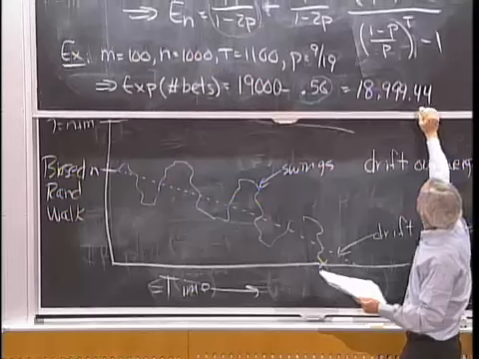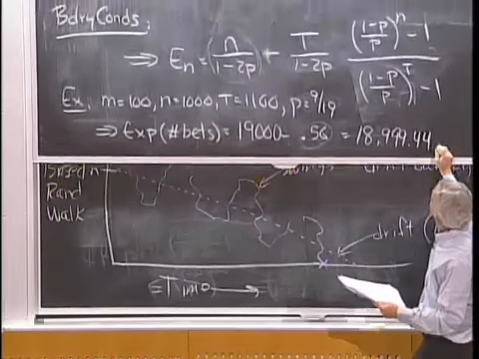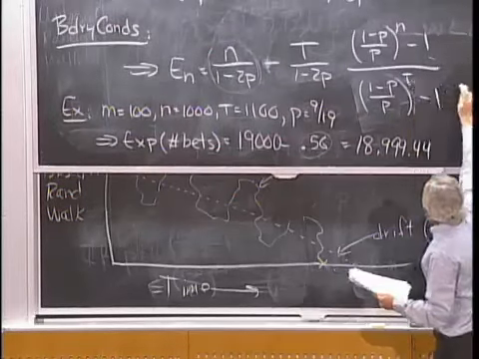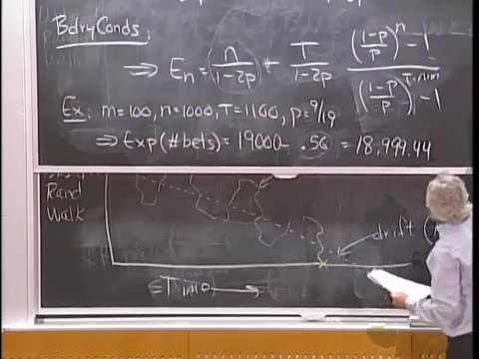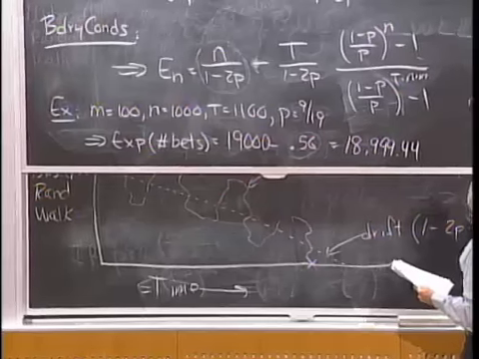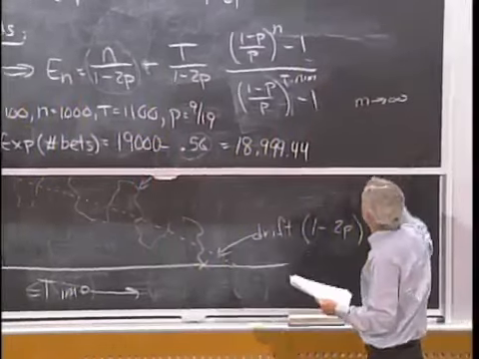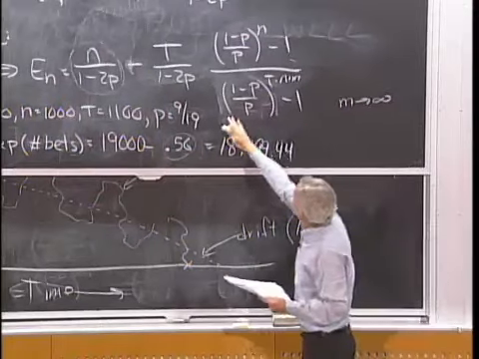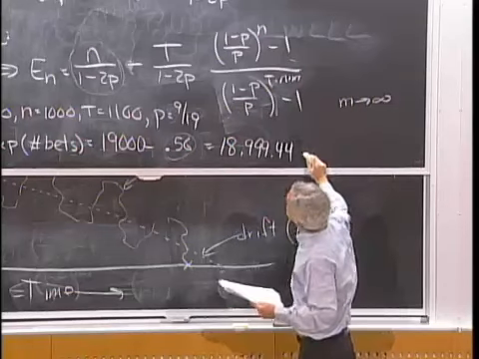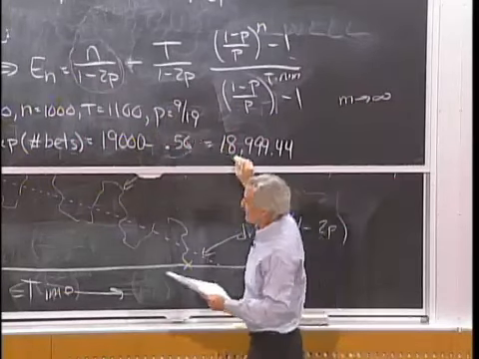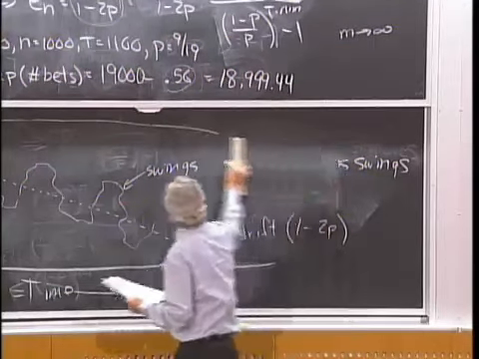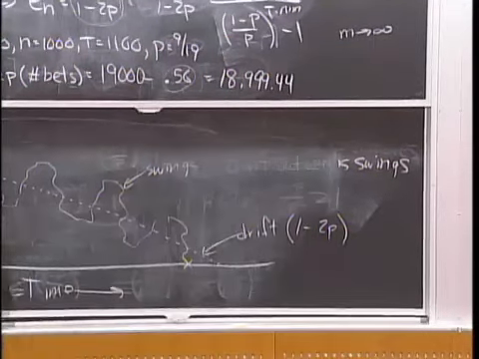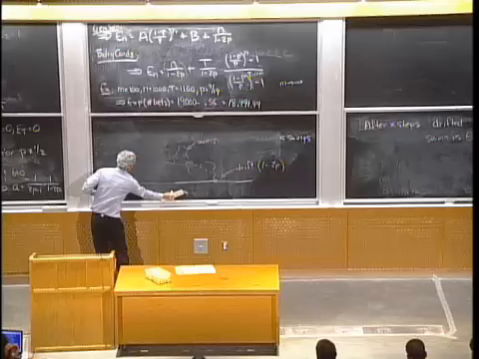Now to see why this goes to 0, if t equals n plus m here, and your upper limit m goes to infinity, it's 100 in this case, then that just zooms to 0. And you're only left with that, which means that we can use asymptotic notation here to characterize the expected number of bets.